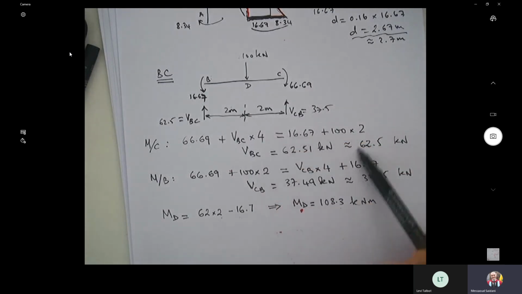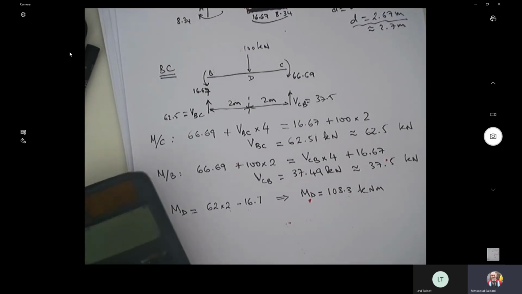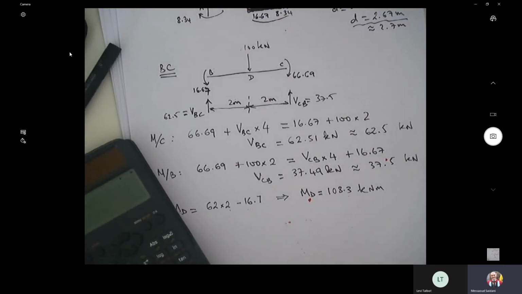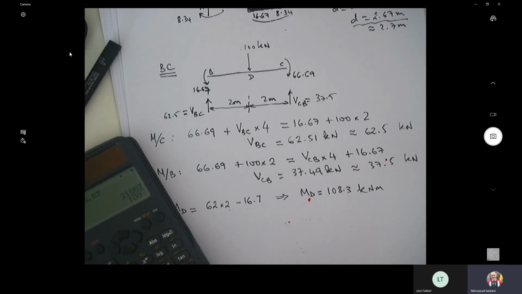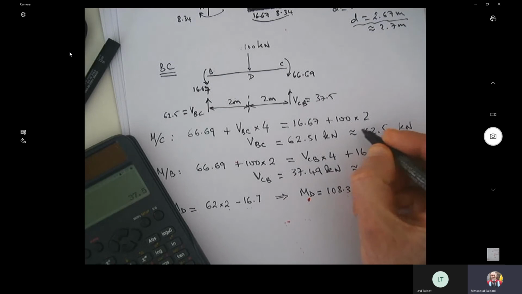Can you check this answer for me, please, from the calculator? I'm checking because I relied on someone shouting the answers for me. No, this is 37.5.